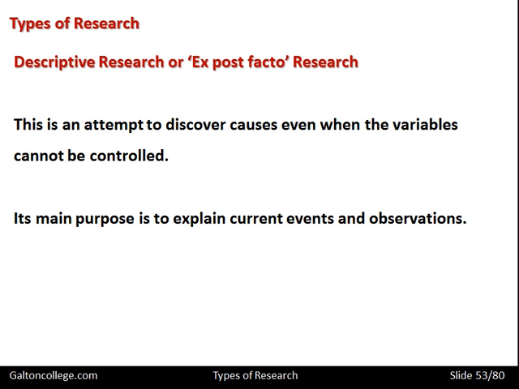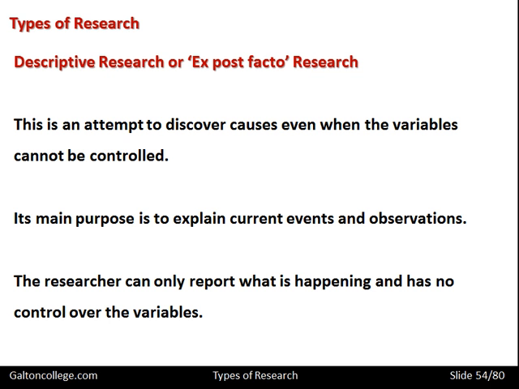But despite that, we try to find out what are the underlying trends, what are the underlying patterns. The researcher can only report what is happening. There's no control over the variables, but the researcher tries to make sense of what is happening.